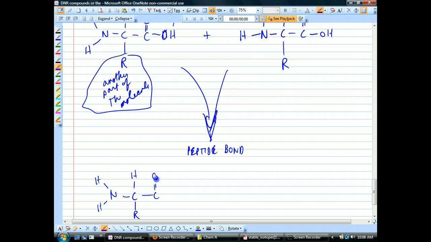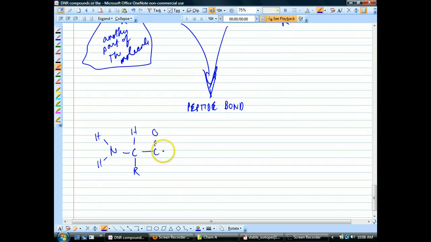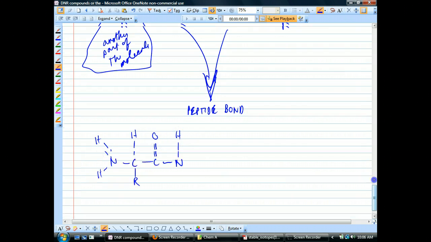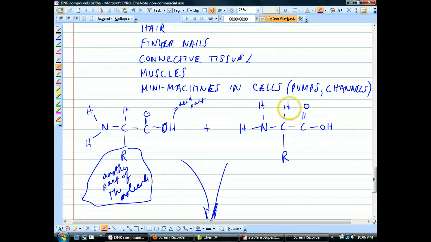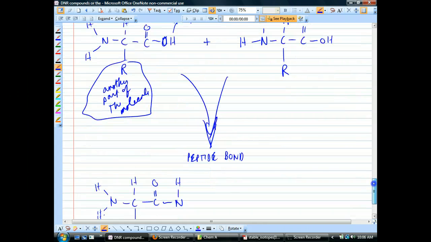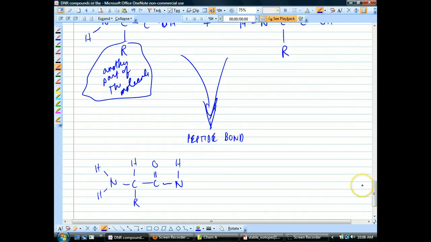I know this is complicated drawing, so feel free to just to the right. That's an H, sorry. And like I said, look on page 36 here and at the top, and you'll see what I'm drawing here. This is N, and then it goes to C, H. There's another R down here.